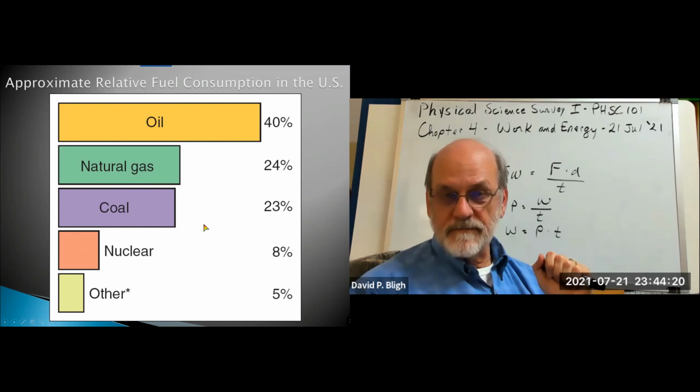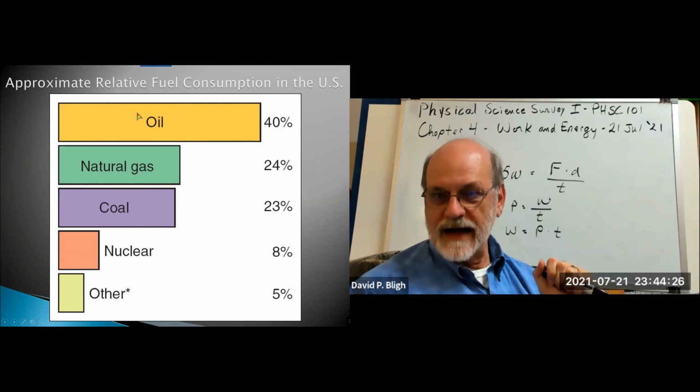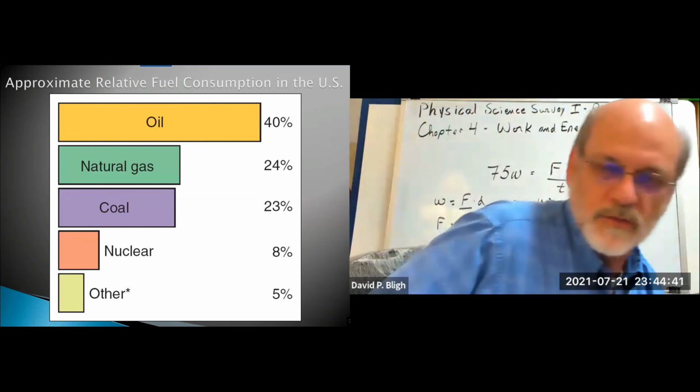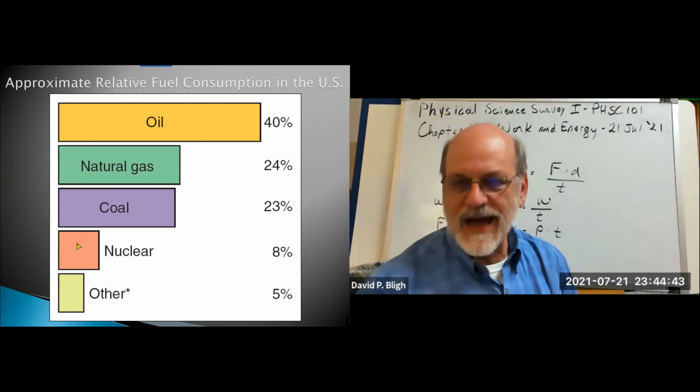This is the consumption of different types of fossil fuels. We're still highly dependent upon oil, although natural gas and coal are substantial amounts, 50% in combination. Nuclear was gaining ground for many years until several accidents set it back.